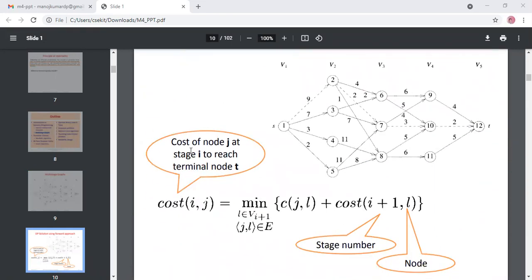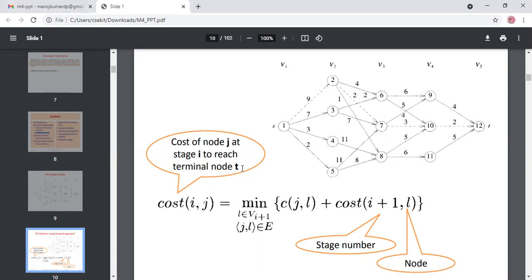You can easily remember it: the cost of the node j at stage i to reach the terminal node T. The starting node is 1 and the last node, the terminal node, is T. So you have to find the path from i to j. So how are you going to calculate the cost of node j at stage i to reach the terminal node T?